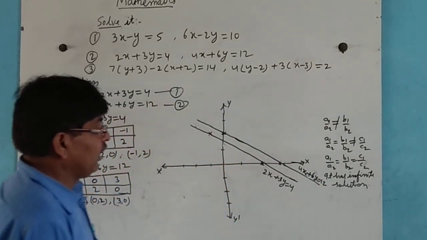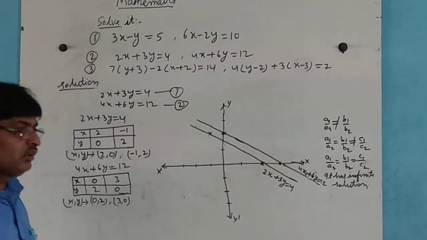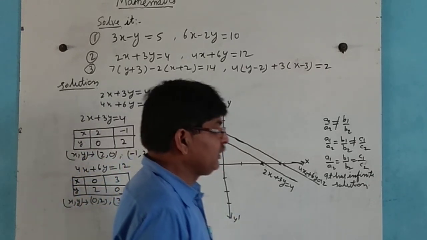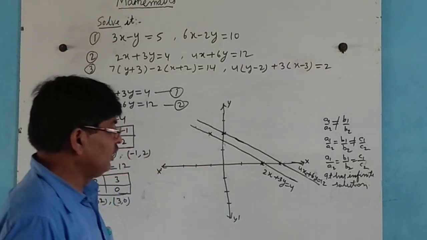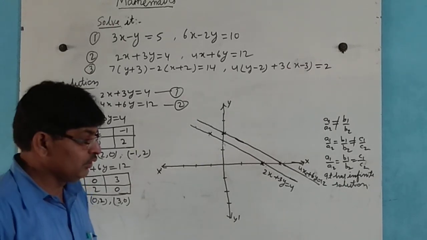Both lines are parallel to each other, so we can say that the lines do not cut at any point, so it has no solutions. We cannot solve it.